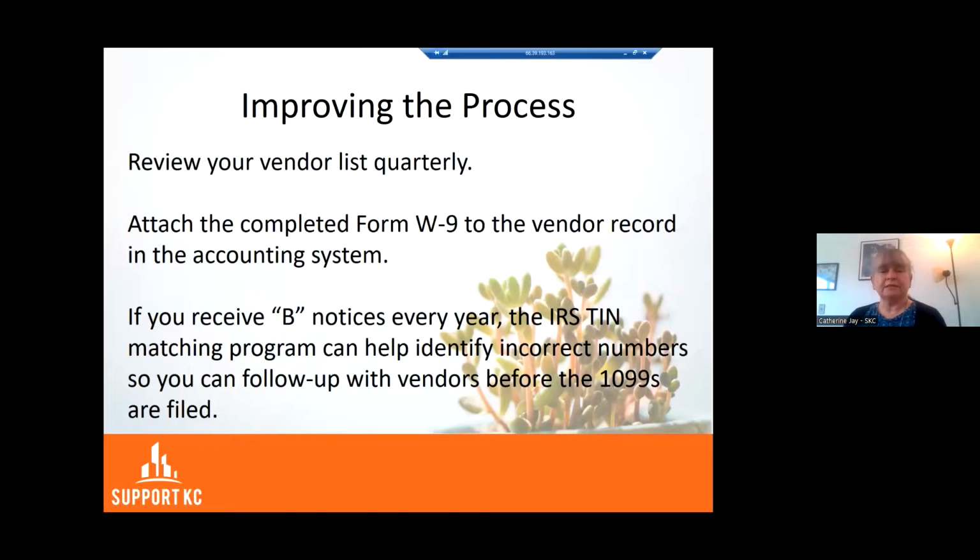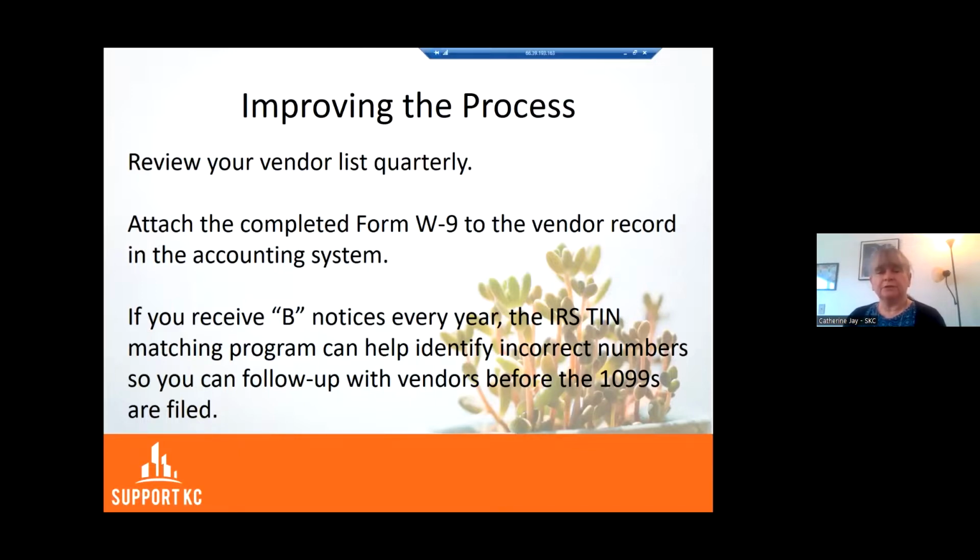The IRS set the limits for that really high at $20,000 or 200 transactions. So a lot of the organizations we deal with, even though they paid a vendor by credit card, paid $1,500, and that vendor says they're not getting their 1099. It's because that threshold through the credit card companies was really high.